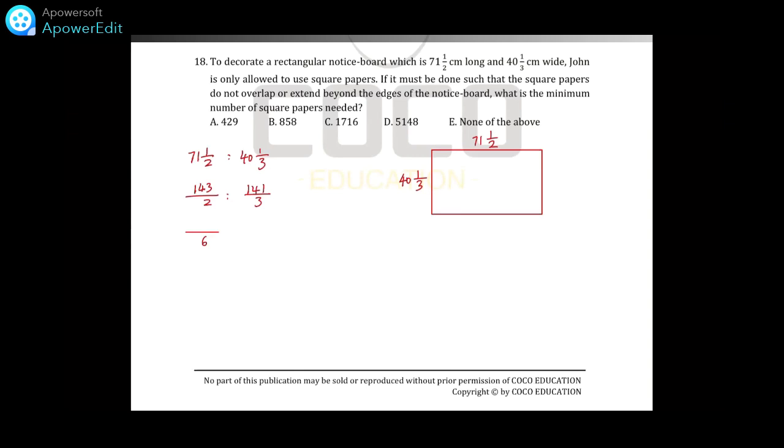This will be 6, so times 3. This is 429. For the second one, make the denominator into 6. That's times 2, so 282. And times 6, so it's 429 to 282.